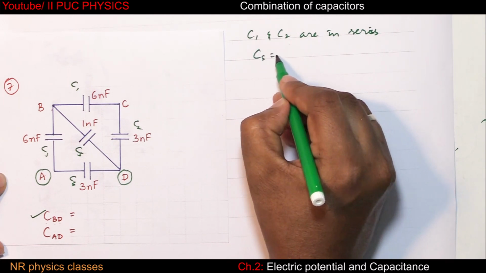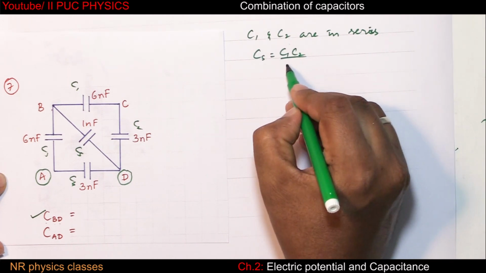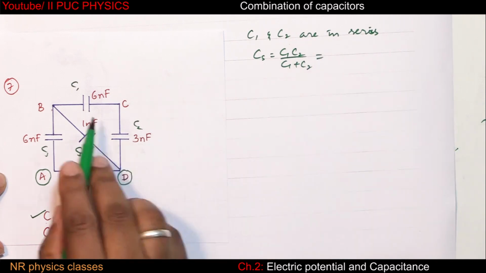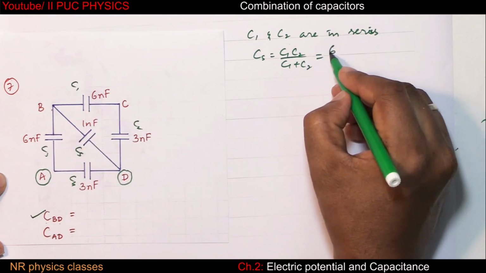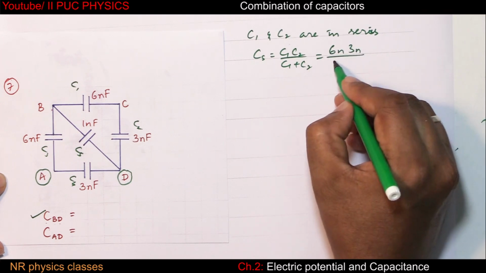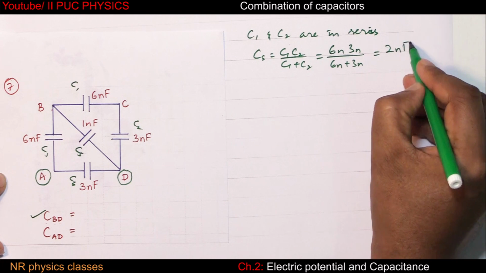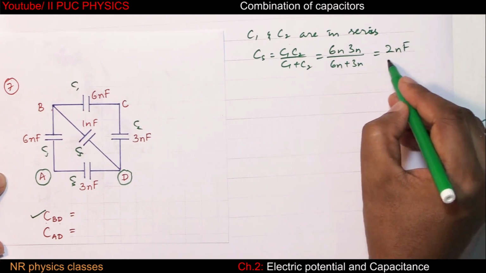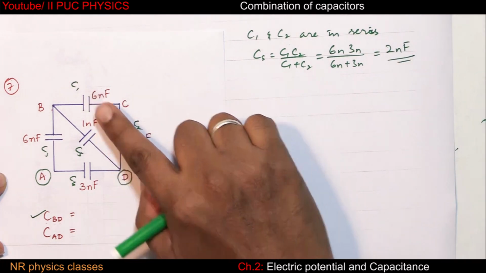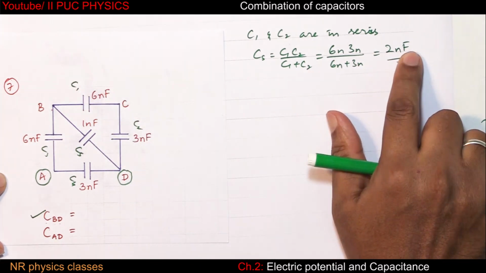Therefore, CS equals C1 C2 by C1 plus C2, 6 nano times 3 nano by 6 nano plus 3 nano, which is 2 nano. Please simplify this, you'll get 2 nanofarad. That series is 2 nanofarad.